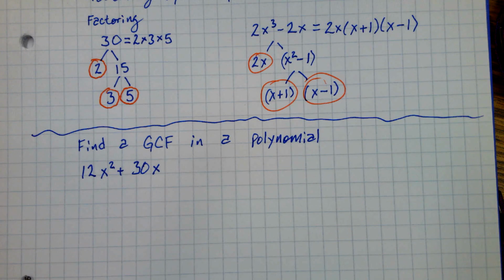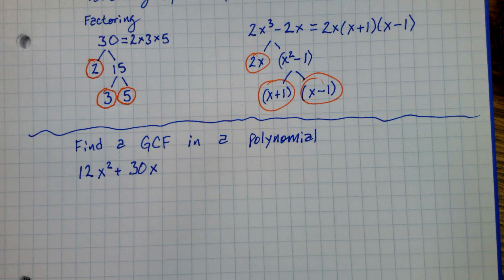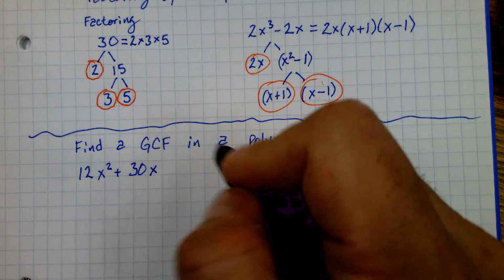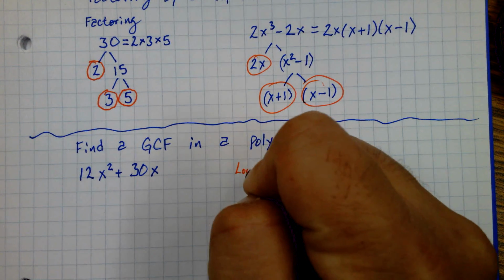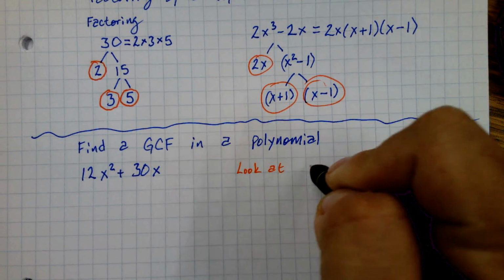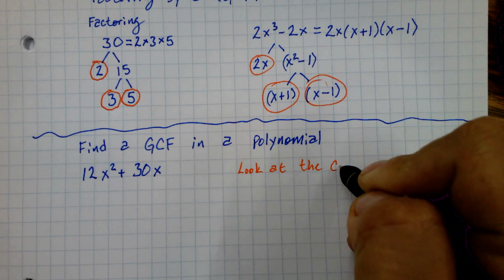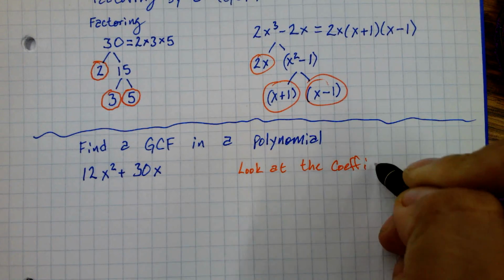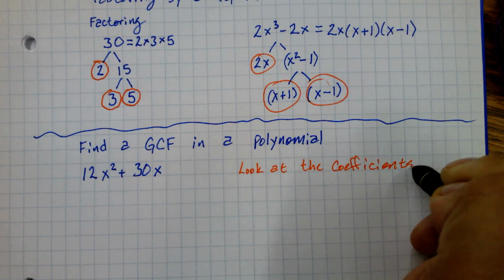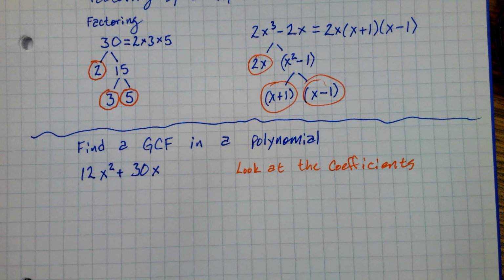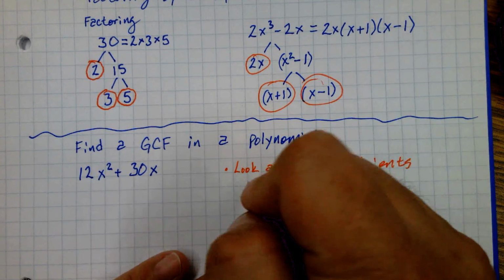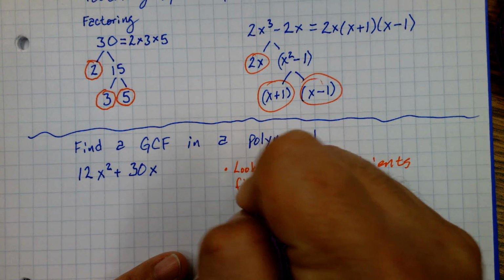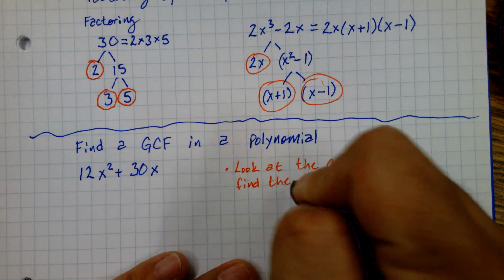And I'll tell you what to look for here. First thing we're going to look at is the coefficients. Okay. So we're going to look at the coefficients and find the GCF for that.